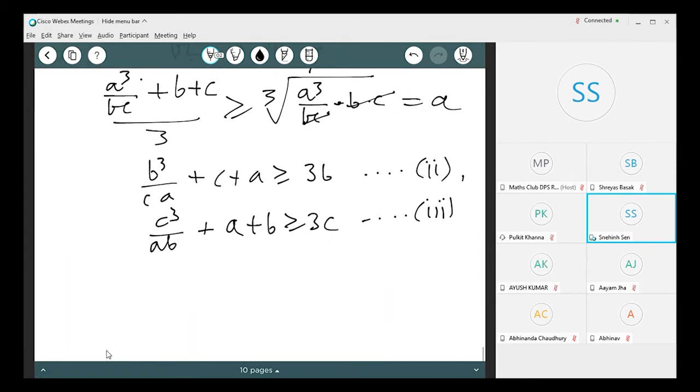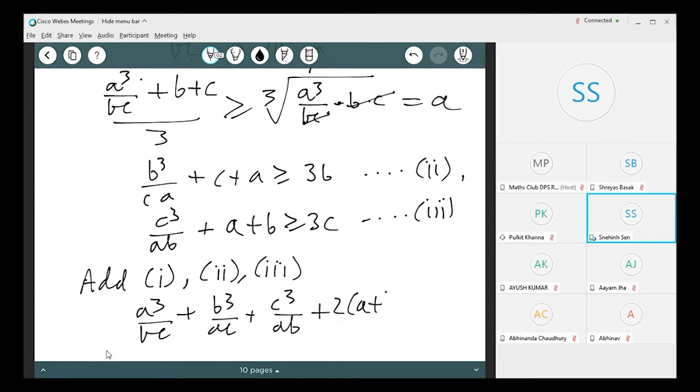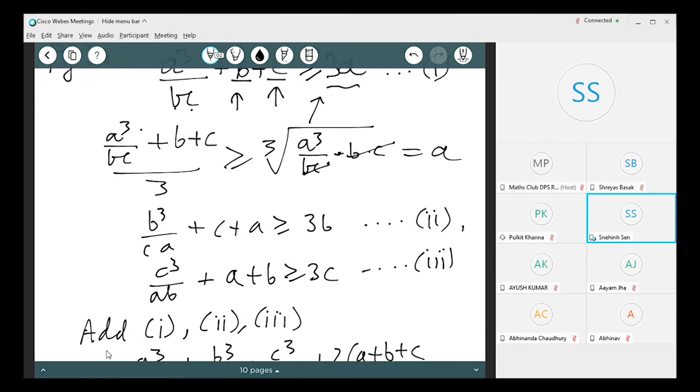Just add 1, 2, and 3, preserving inequalities. We get A cube by BC plus B cube by AC plus C cube by AB plus 2 times A plus B plus C, because you can check that there is a B over here and a B over here, C over here and C over here, and A over here and A over here.